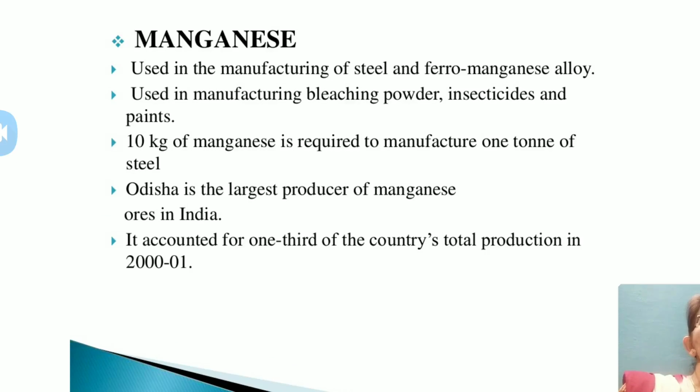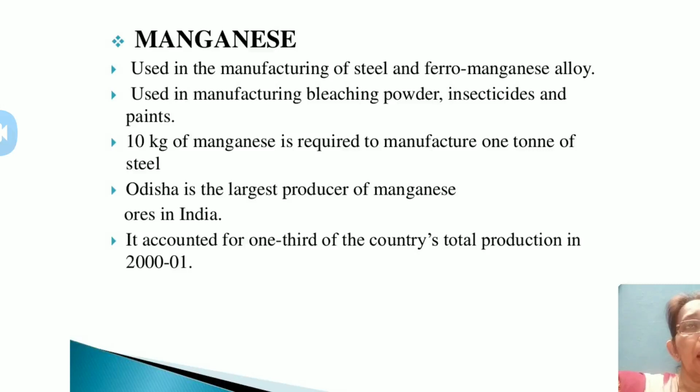The next is manganese. Manganese is used for the manufacturing of iron and steel. It is one of the most important raw materials for the iron and steel industry. It is also used in bleaching powder, insecticides and paints, and about 10 kg of manganese is required to manufacture 1 ton of steel.